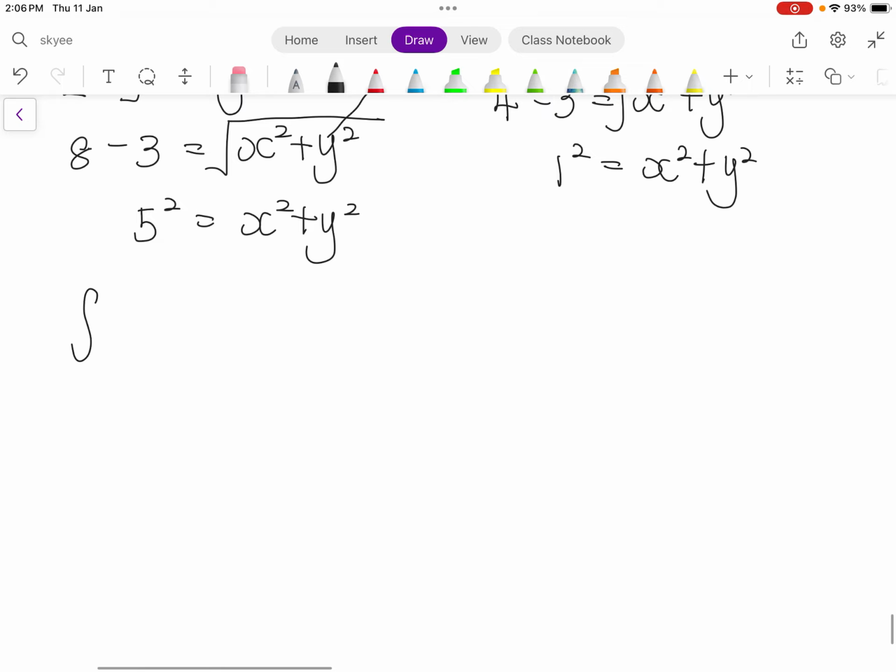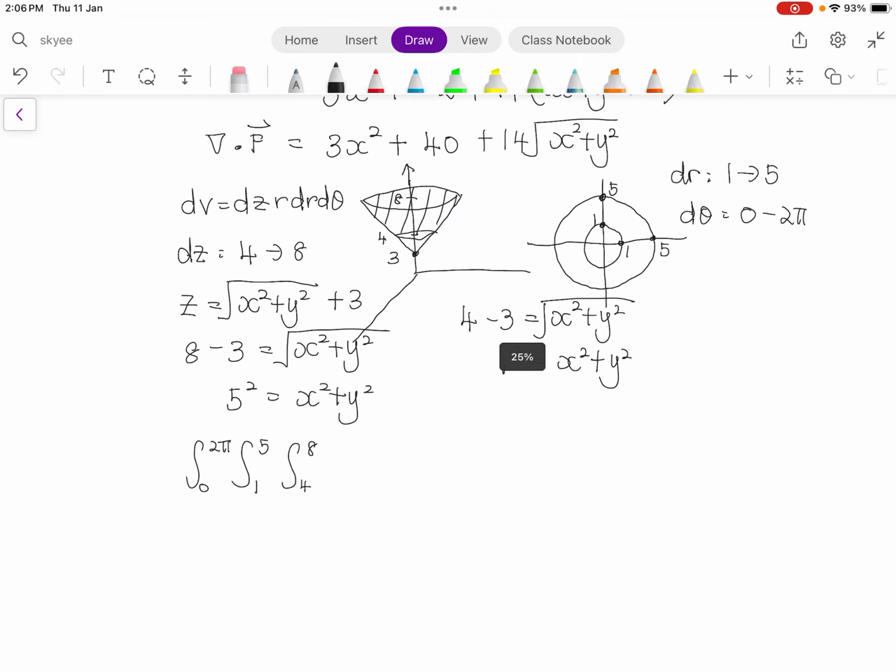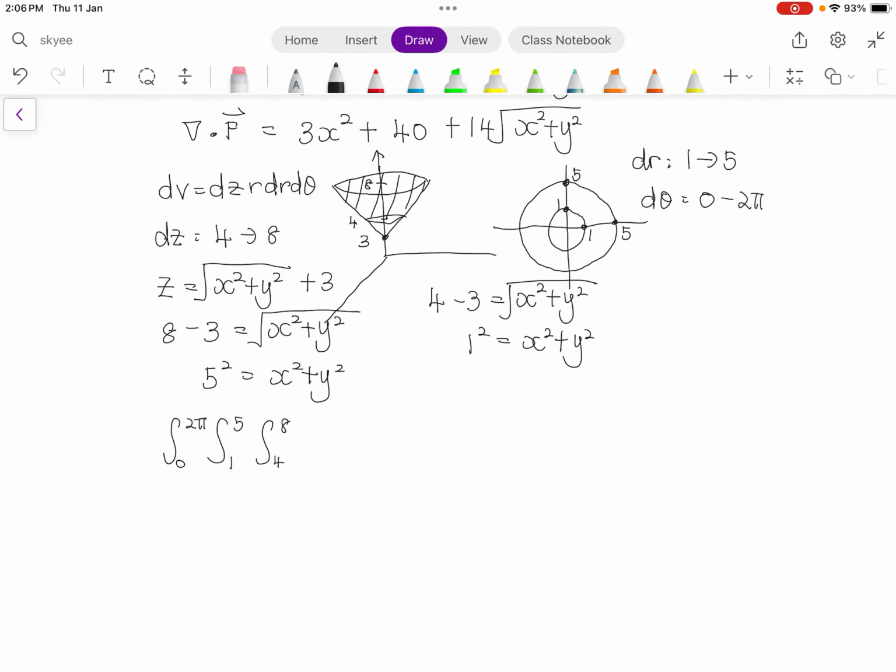Now we put them here. 0 to 2 pi for d theta, 1 to 5 for dr, and 4 to 8 for the height. Internally we have 3x squared plus 4t plus 14, x squared plus y squared.